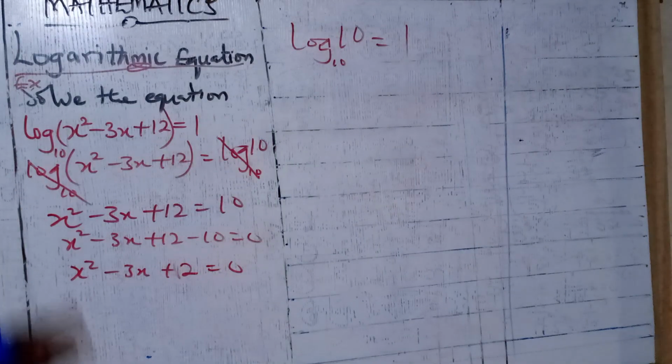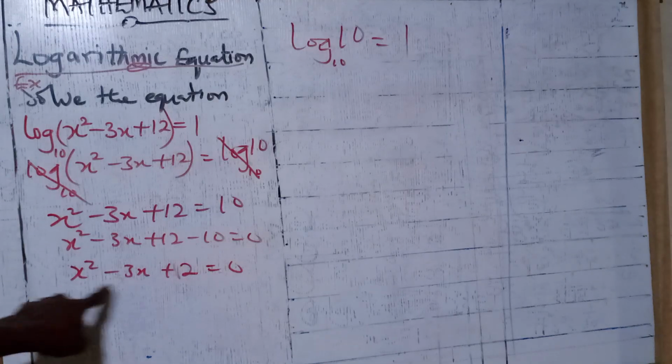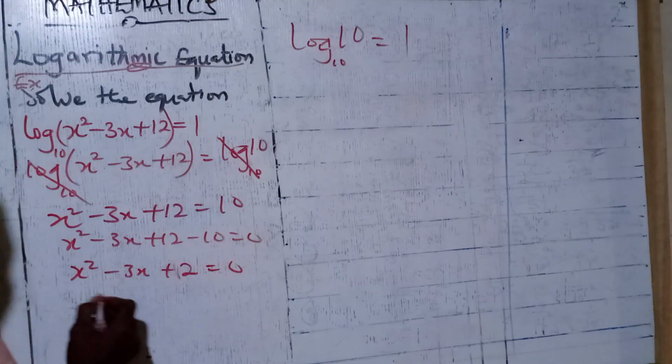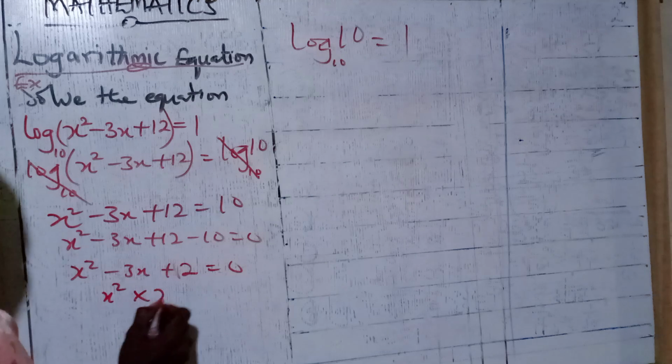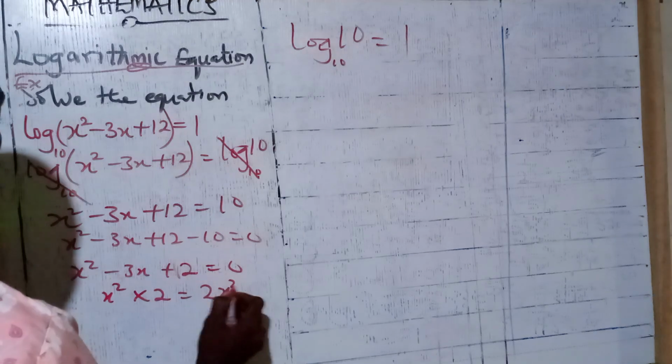Now we solve this quadratic equation by multiplying the first term here and the last term here together to have s squared times 2, which will give us 2s squared.